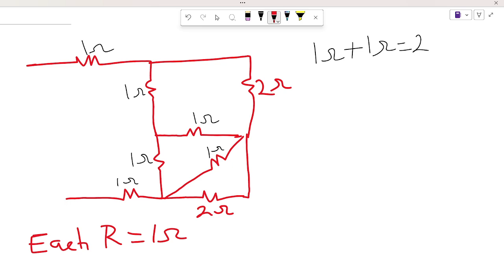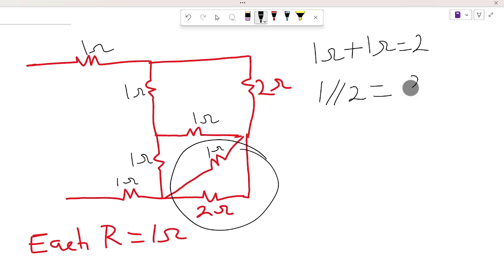Okay. So next, you can also simplify this portion of the circuit. We realize that these two portions of the circuit are in parallel. So we can also take care of that one. So we have 1 in parallel with 2, and that will give us 2/3. If you simplify, you are going to get about 2/3.